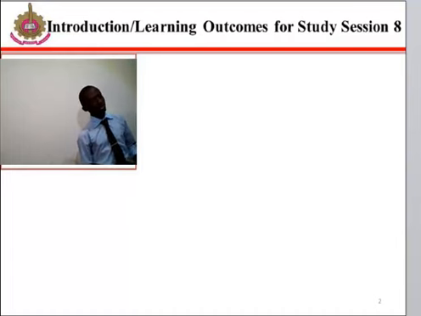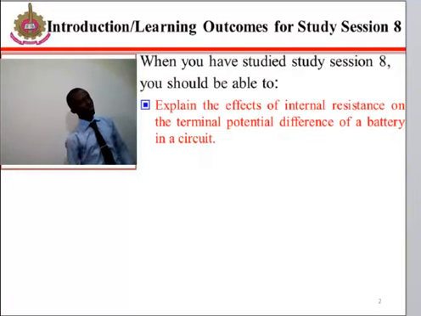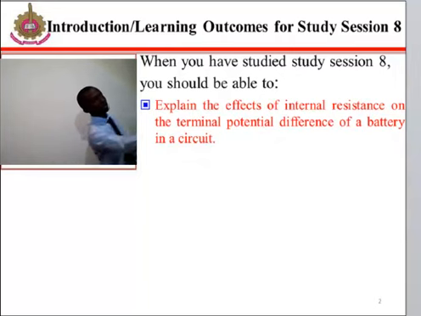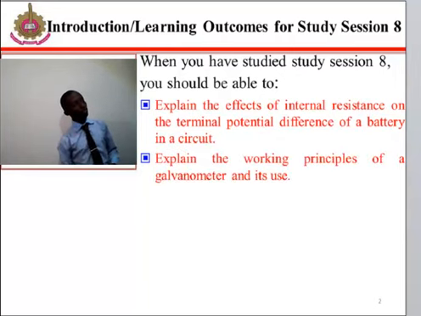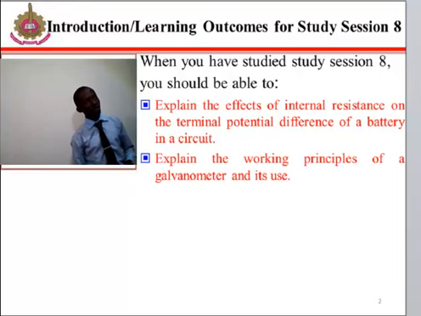When you have studied this session, you should be able to explain the effect of internal resistance on the terminal potential difference of a battery in a circuit. Also, you should be able to explain the working principles of a galvanometer and its uses.